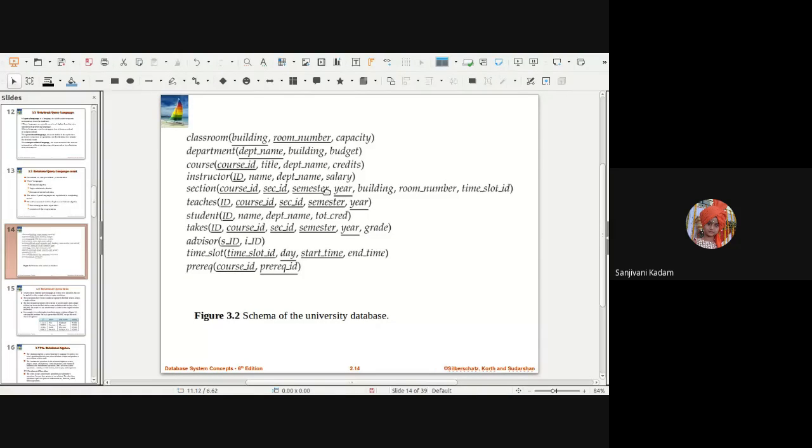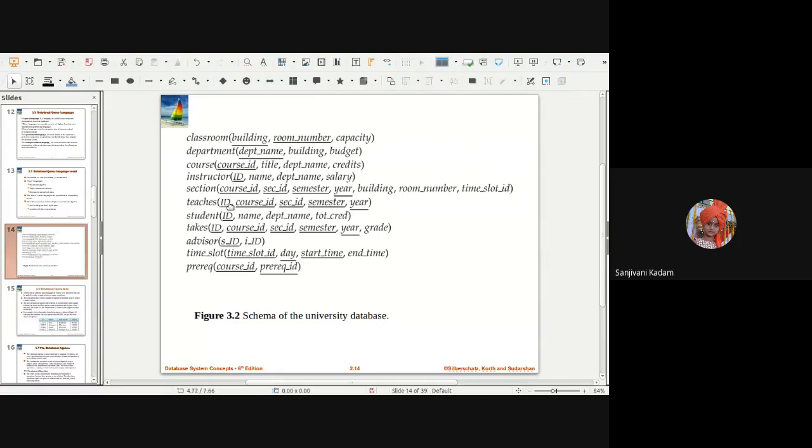Just like I have first year, second year, and third or final year, sec will give me 1, 2, 3, etc. Semester gives me autumn, fall, summer, etc. Then year, which year, 2009, 10, and so on. Then building, in which building this was taken, in which room number this was taught, and at what time slot during the day this subject used to be taught. So the section relation holds this information.